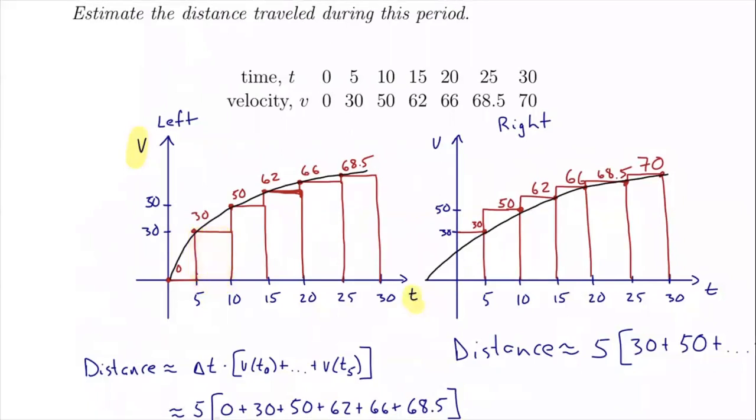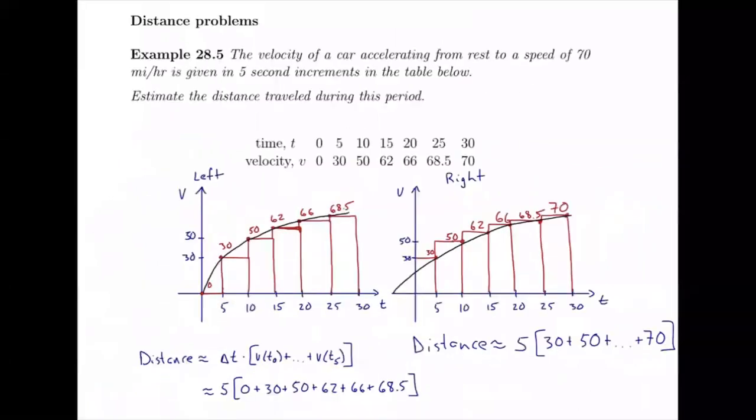Time, the width, times velocity, the height, is velocity times time, and velocity times time is distance. So each of these rectangles' areas is a distance. That's a really nice connection to make.